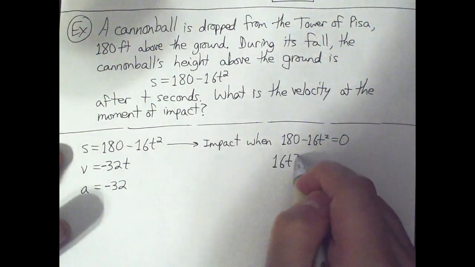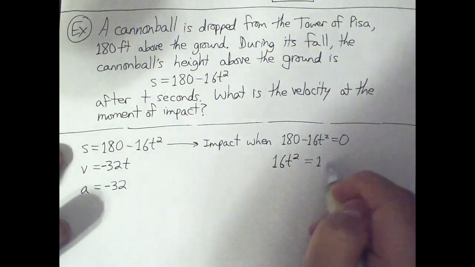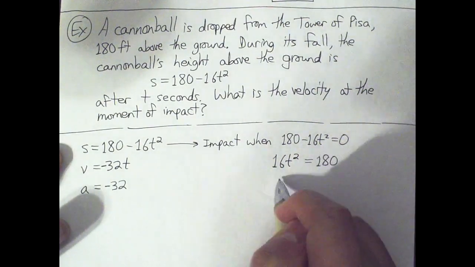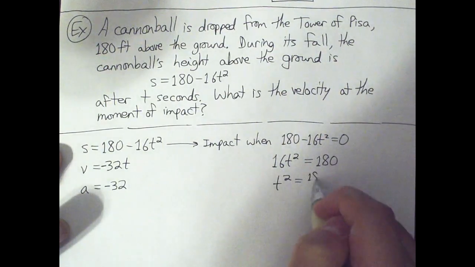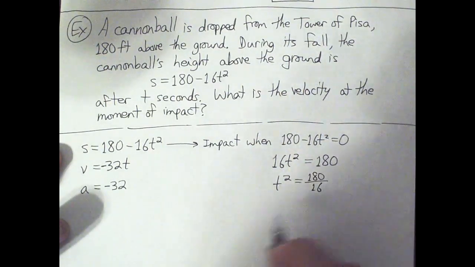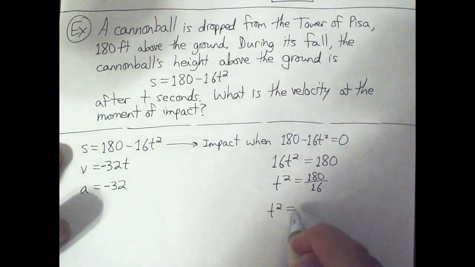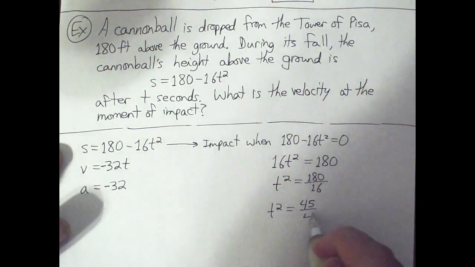This is just algebra. 16t squared equals 180. Divide both sides by 16. You get t squared is 180 over 16, which simplifies to 45 over 4.